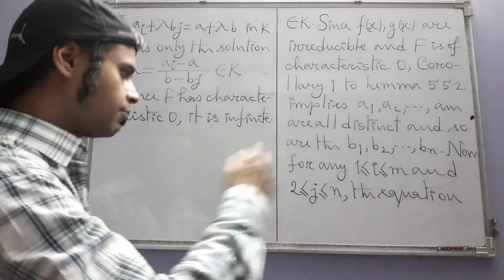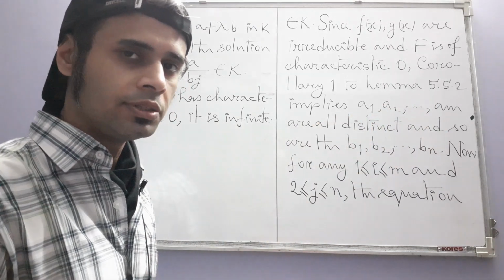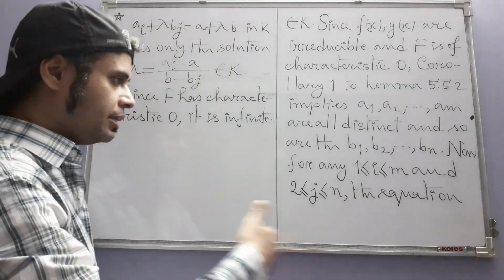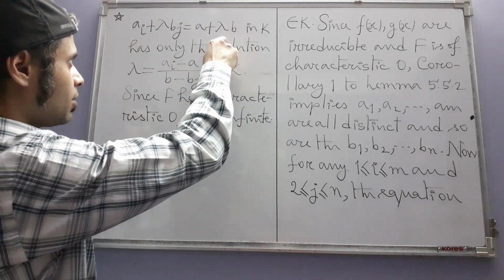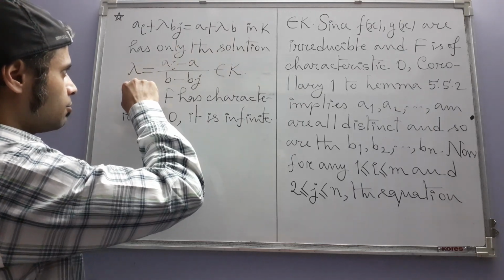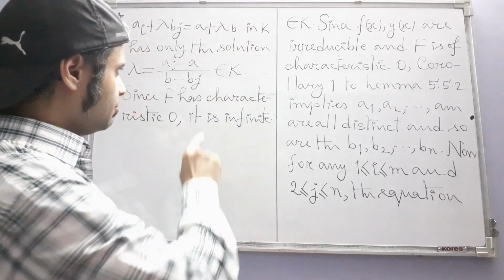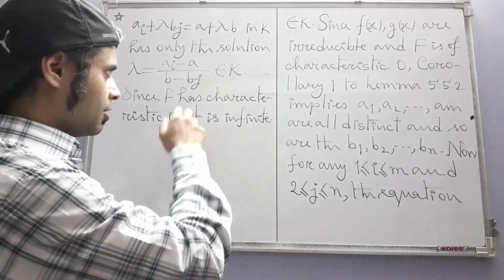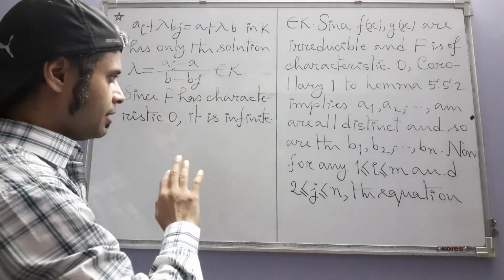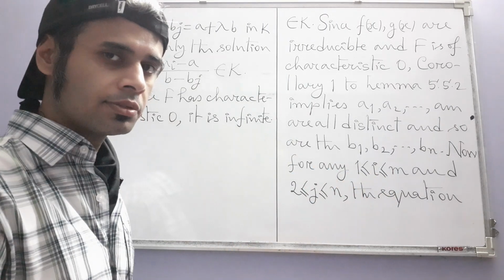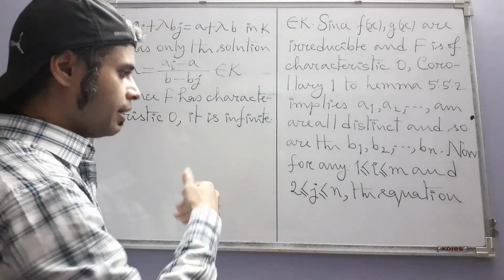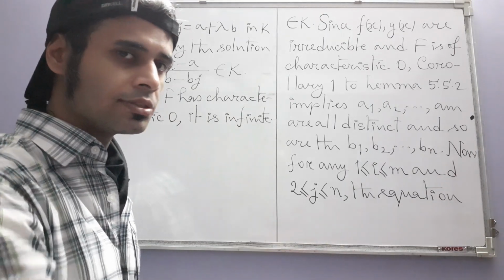So considering all possible i's and all possible j's, you will get many equations. Each one of them has one root. Now if you avoid all those roots, I mean all the roots are in K, but if you avoid all the roots and choose your lambda in F, after all F is inside K, right?